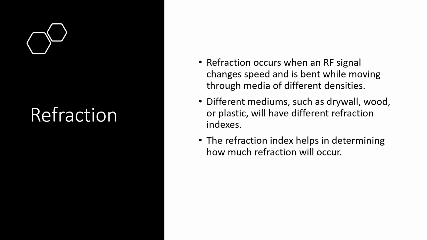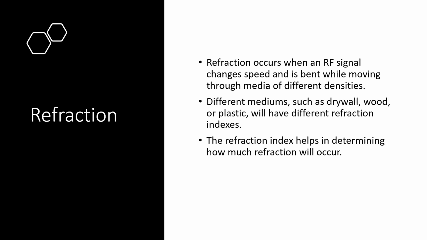There is another characteristic of RF waves which also causes impairment, called refraction. Refraction happens when the RF signal changes speed and bends while moving through different media. Different mediums such as drywall, wood, and plastic have different refractive indexes.